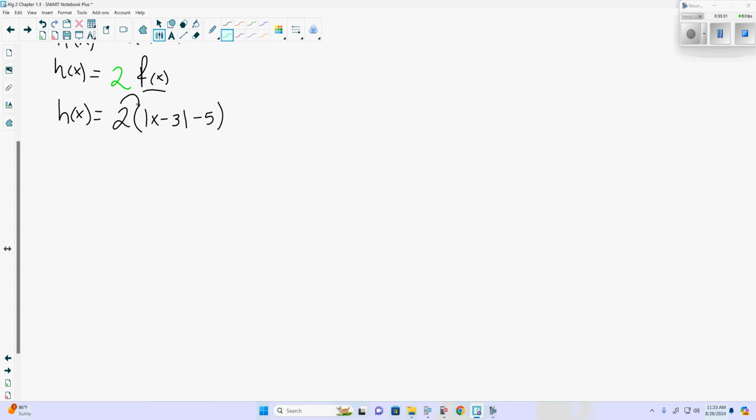Now, just like with the negative, we're going to distribute the 2. Just like with our negative f of x, we're going to do the same thing, but instead of a negative, we have a 2. Now, just like with the negative, the 2 is not going to multiply inside the absolute value. So it's going to be 2 times the absolute value of x minus 3. Then we're also going to do 2 times negative 5, which would be negative 10.